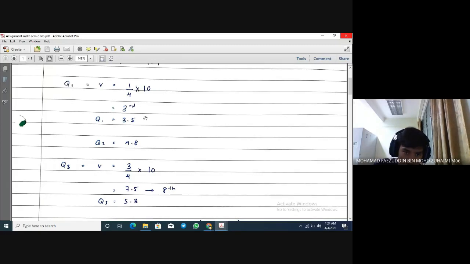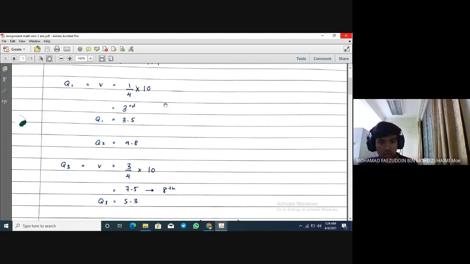for the data. For the first quartile, we use equation R equal to 1 over 4 times 10, and we will get 2.5. And then we can round off it to 3, and the third value for the data is 3.5, and we can consider it as the quartile 1.